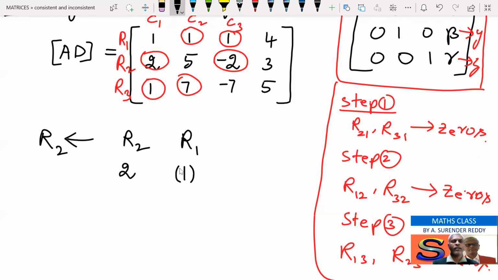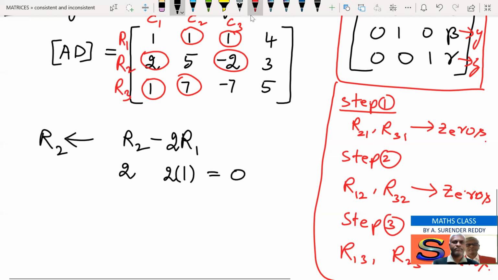If you multiply R1 with 2, this will become 2, 2. So R2 and 2 into R1, these elements become equal. If you subtract, R2 minus 2R1 will give you 0. In that way we take conversions. So the first element becomes 0.